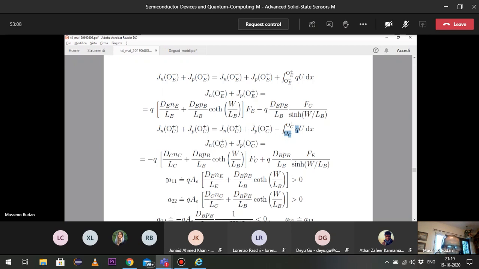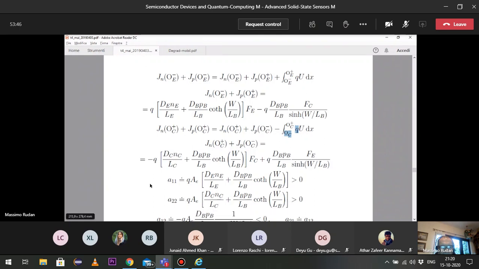And also A11 has the units of a current because Fe is a pure number, because it is an exponential minus 1. The coefficient before it gives a current density. So this coefficient here, Q times the square brackets, is a current density. If we multiply by the area, we obtain a current. So A11 is a current.